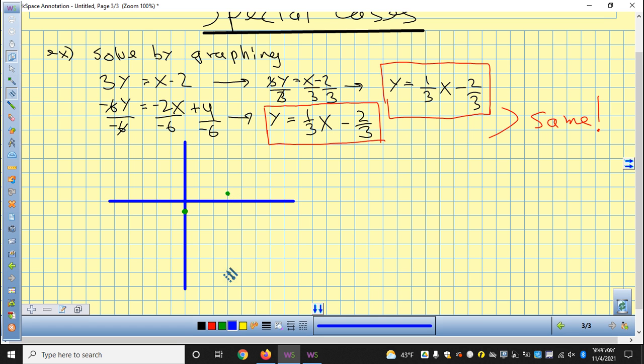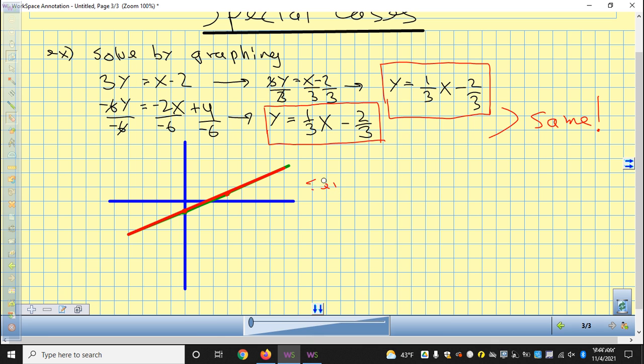There would be one line. And if I graph the other line, I would get the exact same thing. I would get a point here, graph another point here, and my other line would go right on top of it. That is the same line.